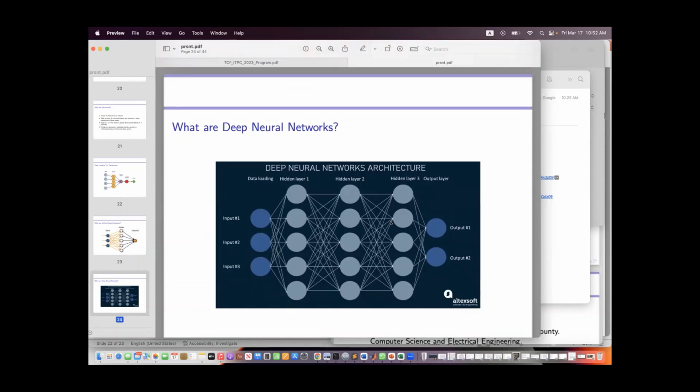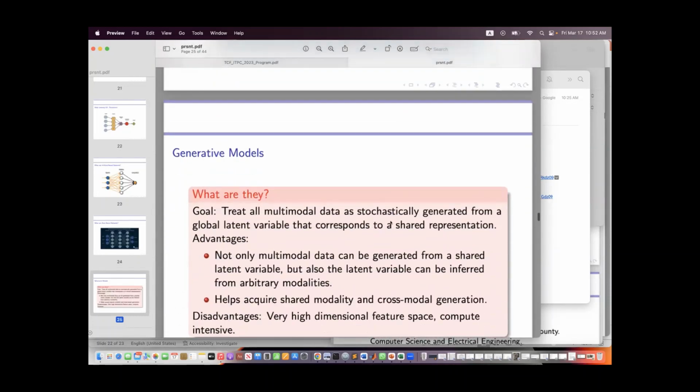And this is the driving force in our setting, because of the very high dimensionality of our data, where we have both the text as well as the image features extracted, that extreme high dimensionality has to be dealt with in a certain manner. And deep neural networks are, in fact, the state of the art to do that.